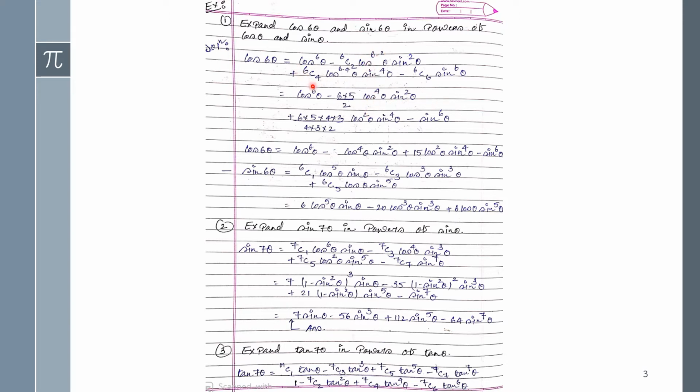Now 6C4: you have to decrease 6 for 4 numbers, that is 6 into 5 into 4 into 3, and the denominator will be 4 factorial. The 4 factorial is 4 into 3 into 2 into 1, and here 6C6 will be 1.